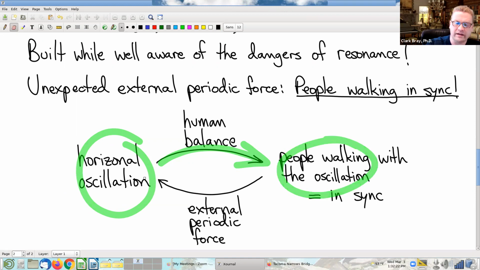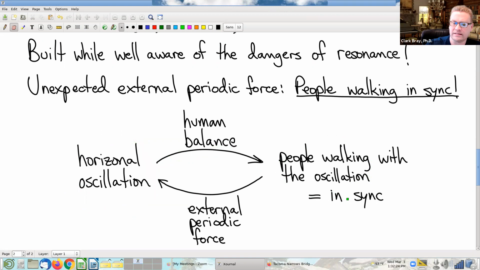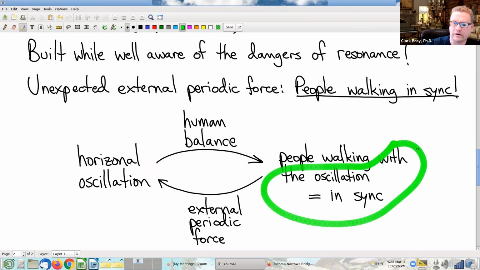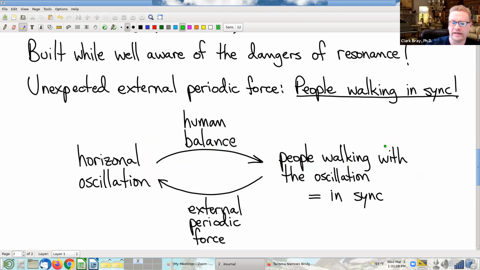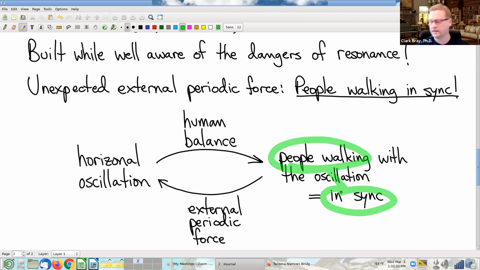And if everyone's walking with the oscillation, they are also walking with each other. And so what we have was people walking in sync. Thousands of people, each one weighing 100, 200 pounds, right? So we have hundreds of thousands of pounds of people all walking in sync, with their legs a little bit spread to the side.